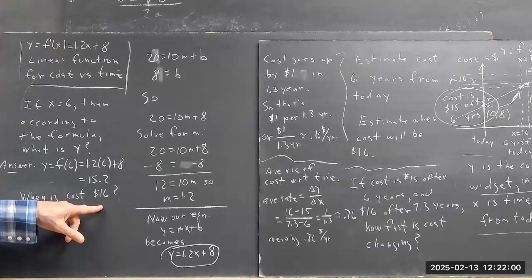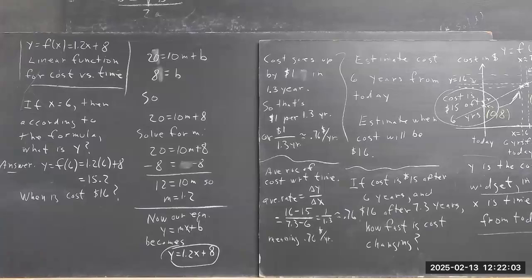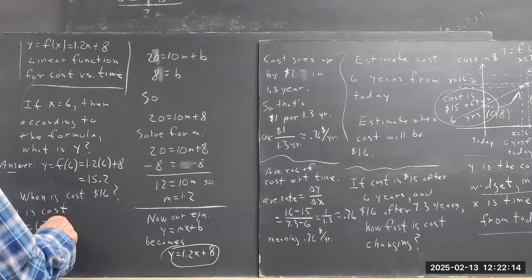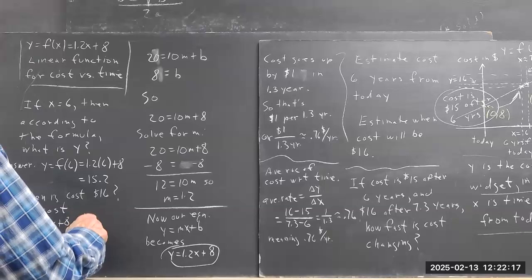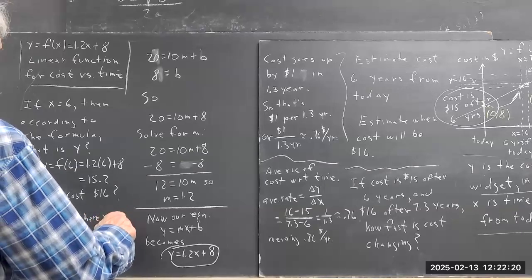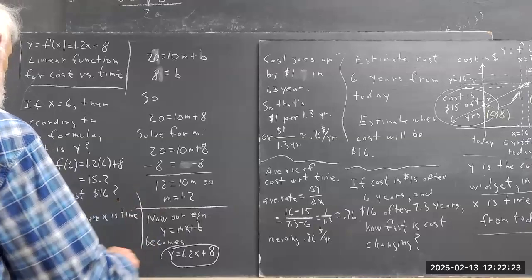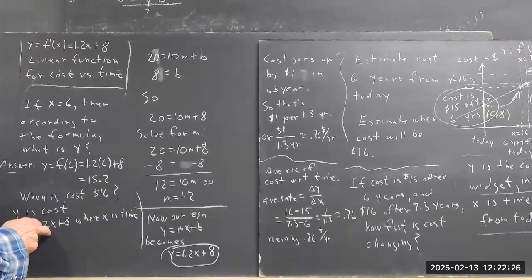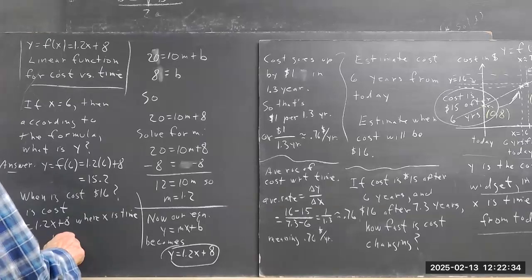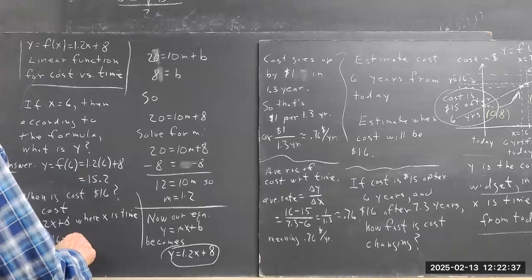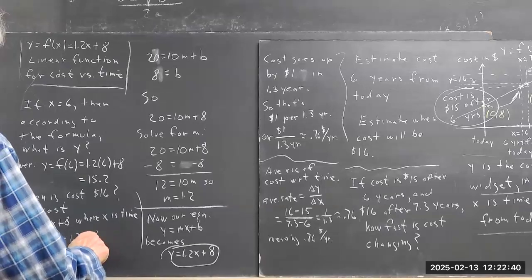Well, the cost is going to be $16. Y is the cost, y equals 1.2x plus 8, where x is time. Solve the equation. 16, which is the cost we want, is 1.2x plus 8.